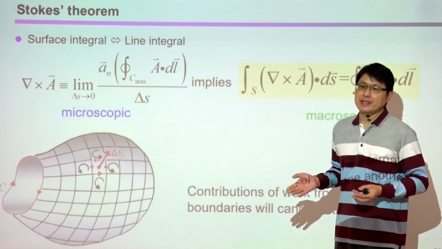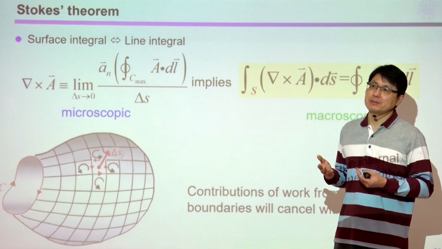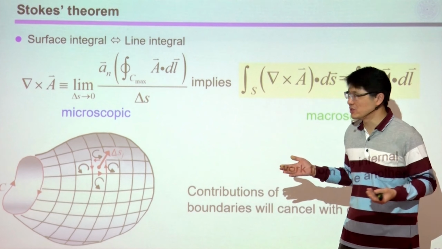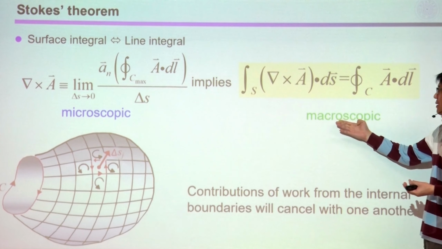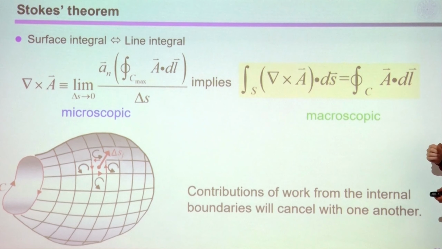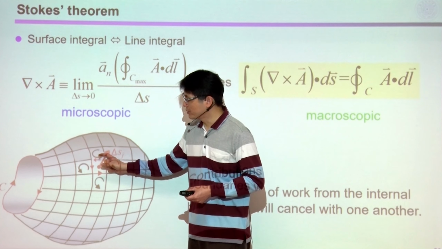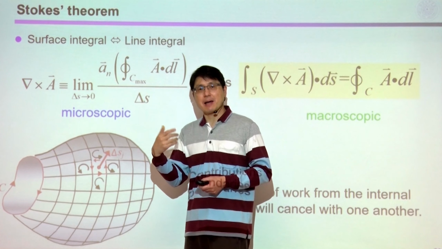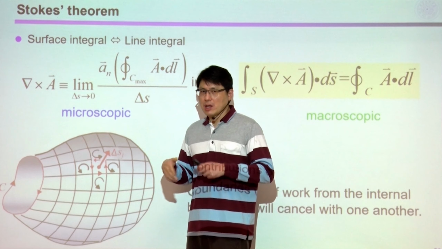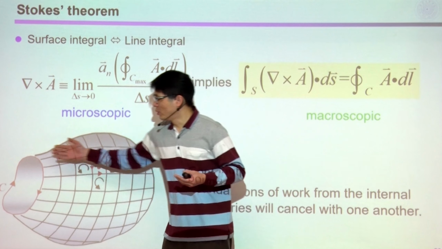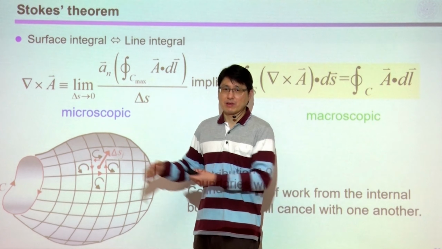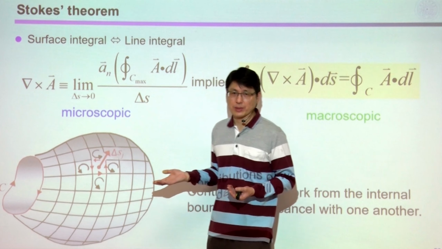But eventually, all that I care about, in the practical sense, is beyond the microscopic view. If each small area is giving me some kind of net circulation, I really care about what is the total circulation for the entire surface, right?